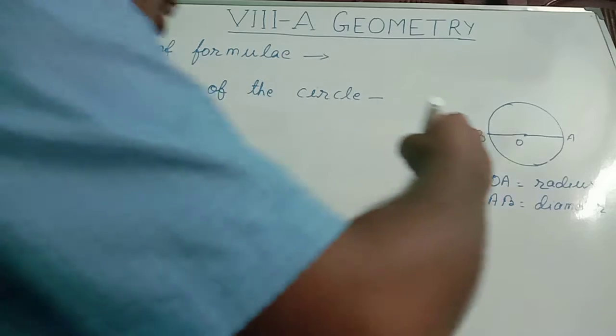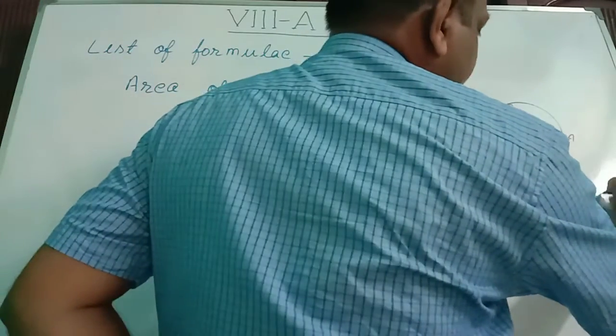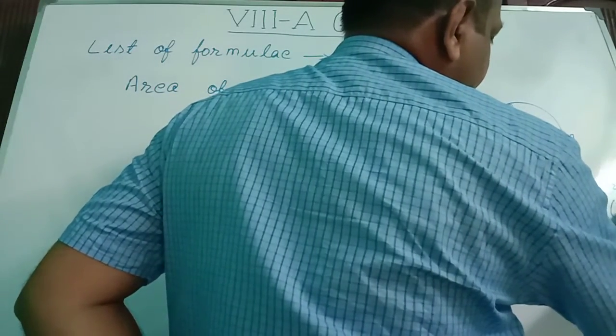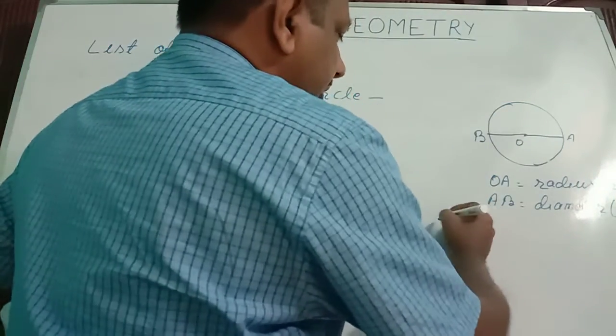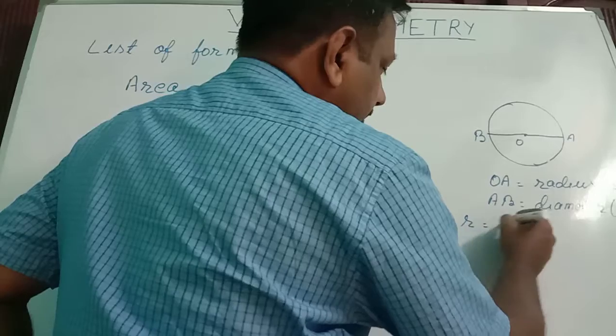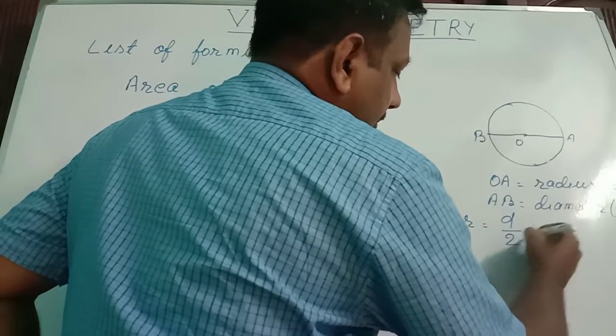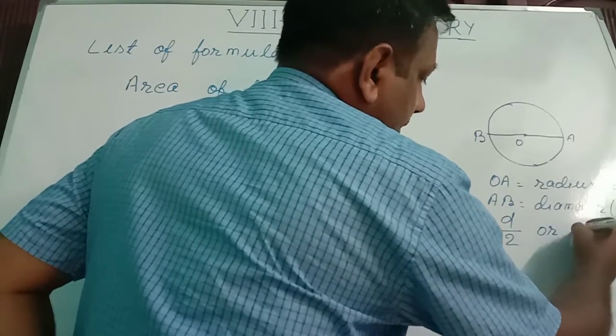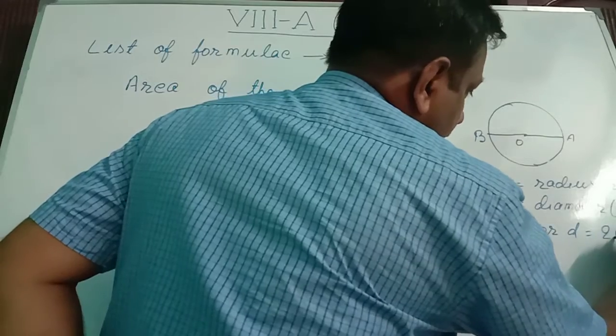Radius is denoted by R and diameter is denoted by D. There is a relationship between radius and diameter: R equals D by 2, or D equals 2R.